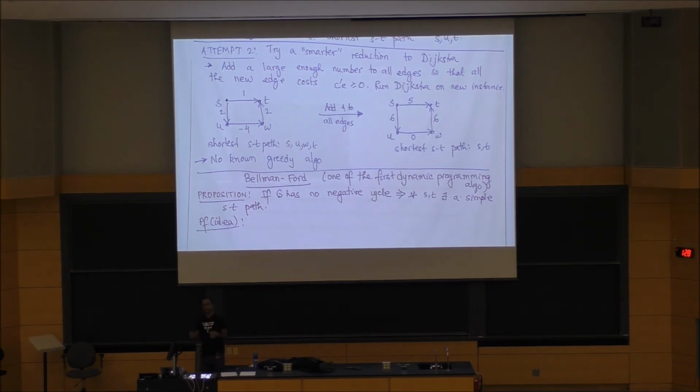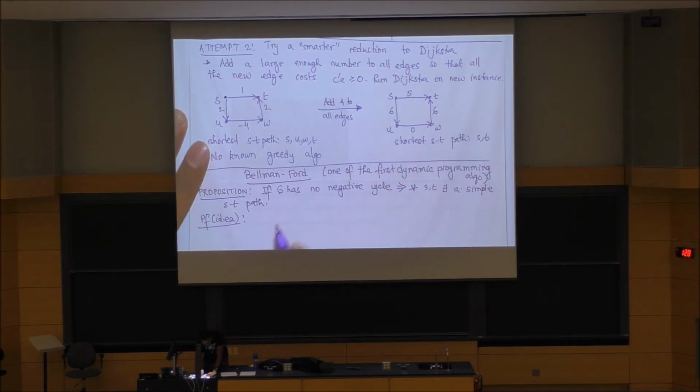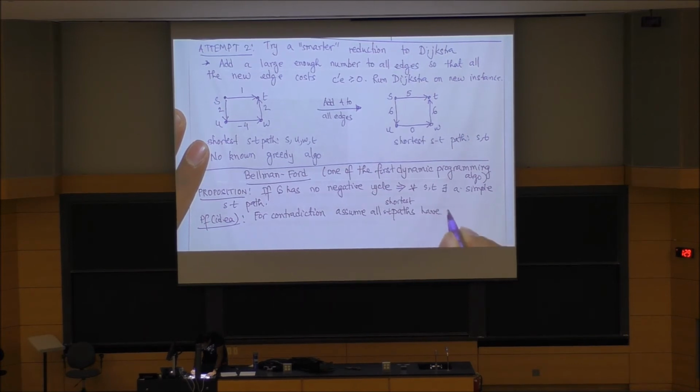Assume there exists one, and then we argue we can just throw away cycles. So for contradiction, assume all shortest ST paths have a cycle in them.